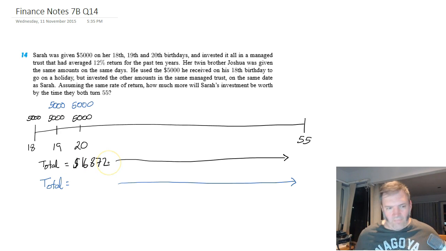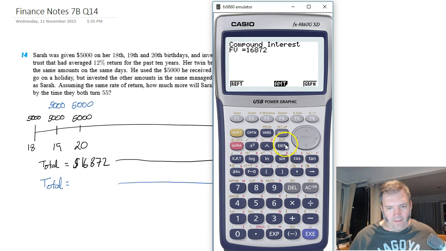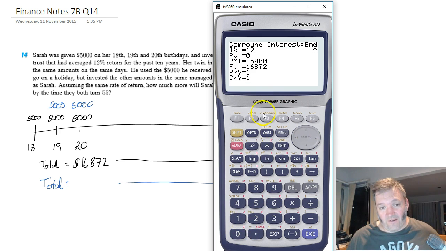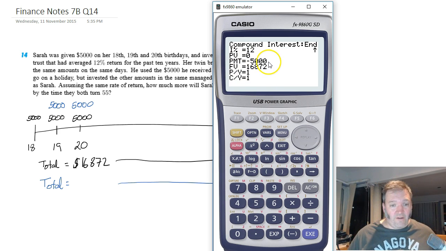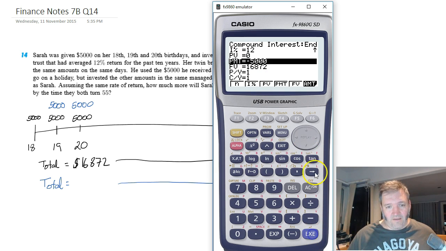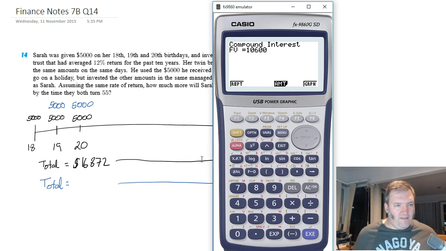Now when we go ahead and work out Joshua's money, the only difference is that present value: he won't have invested $5,000, he won't have put anything in. He's just going to put $5,000 in a year's time and then $5,000 in another year's time. When we work out the future value for that one, $10,600.